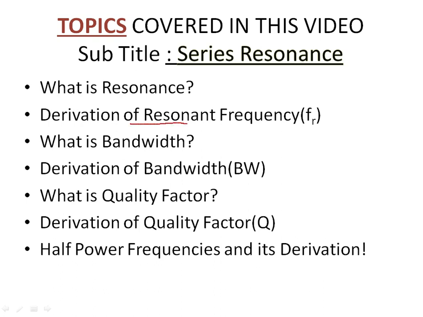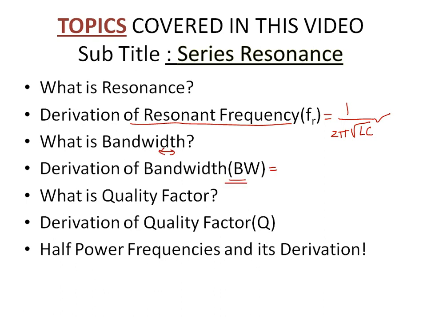Second, derivation of FR. What is the formula of FR? FR is equal to 1 divided by 2 pi root LC. That we have to derive. Next, bandwidth. What do you mean by bandwidth? And derivation of bandwidth.